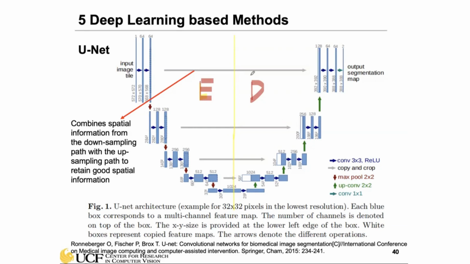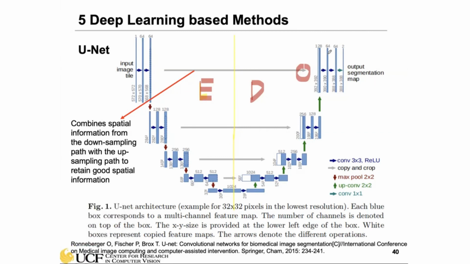But one unique design of this UNet is this gray arrow, which reuses the feature map from the encoder at the decoder side.